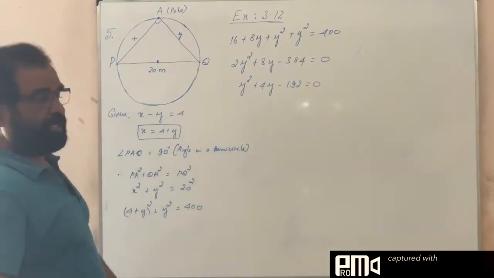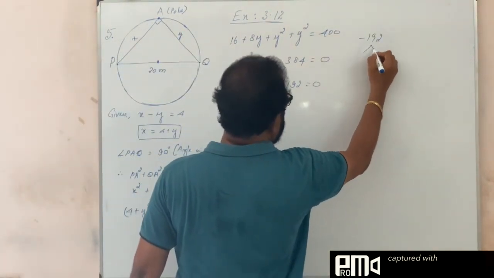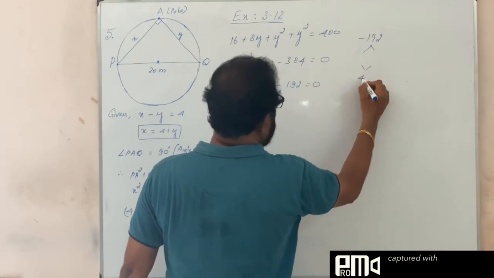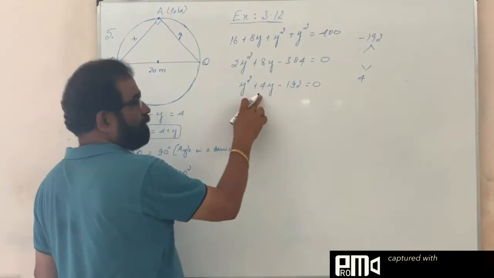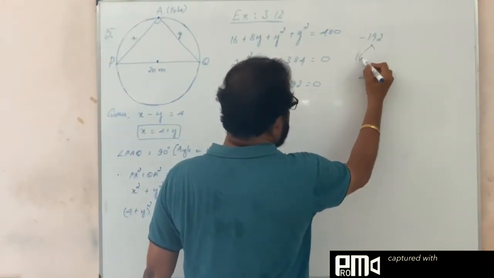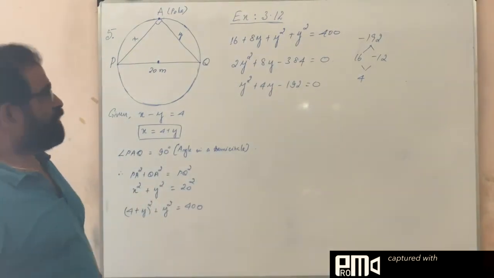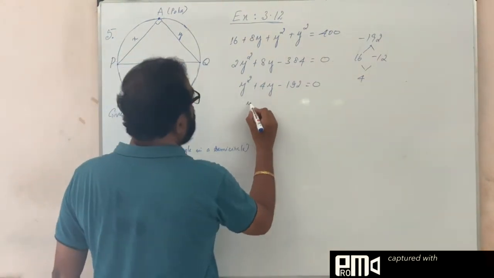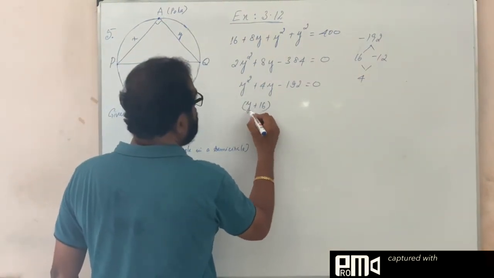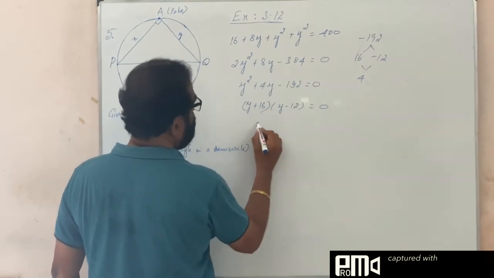Now we have to factorize. Minus 192, product; sum is 4. 16 and minus 12. Y plus 16, y minus 12 is equal to 0.